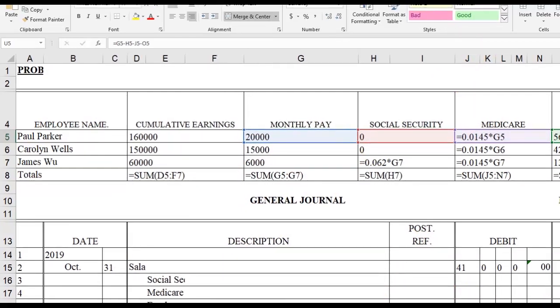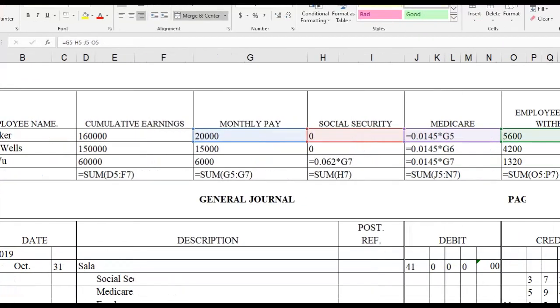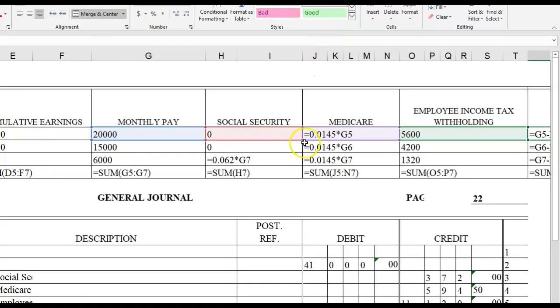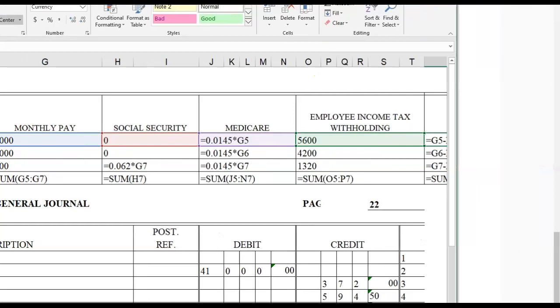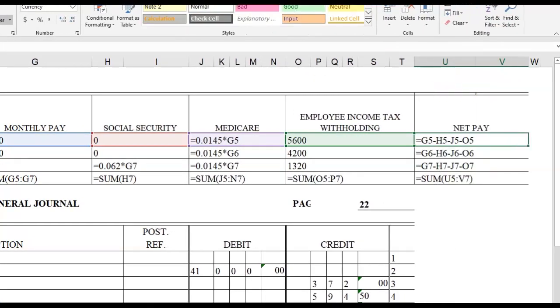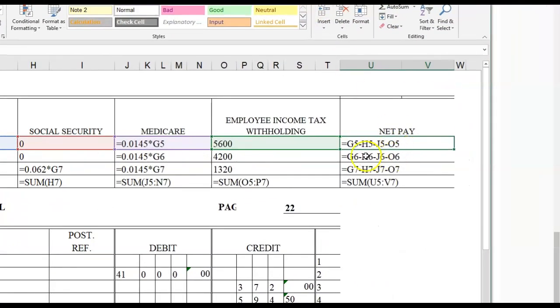So this is 10-4, problem 10-4. And we've got the columns. We've got the Social Security tax. And some of them are filled in, and some of them we had to compute. But there's the formula for the net pay if you were to keep everything in the same column. G5 minus H5 minus J5 minus O5.